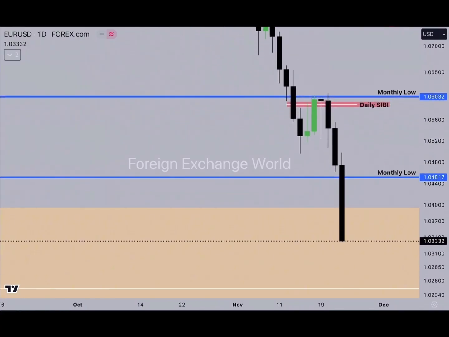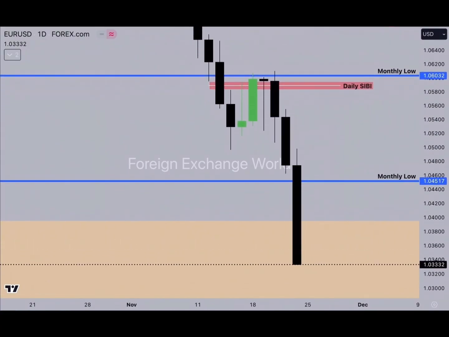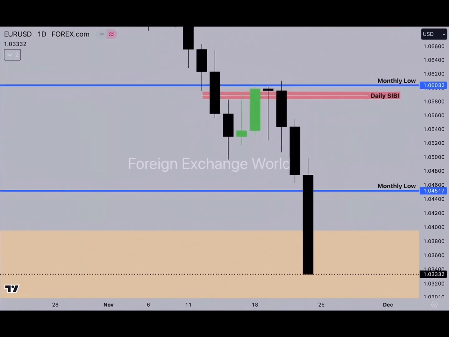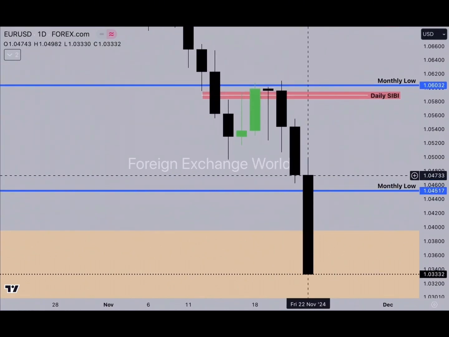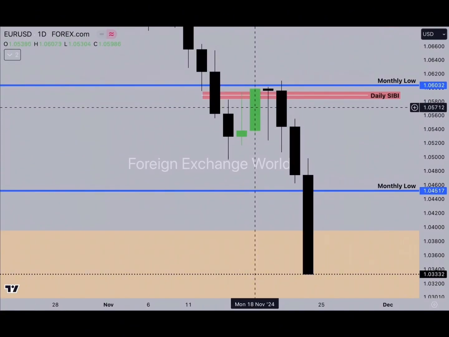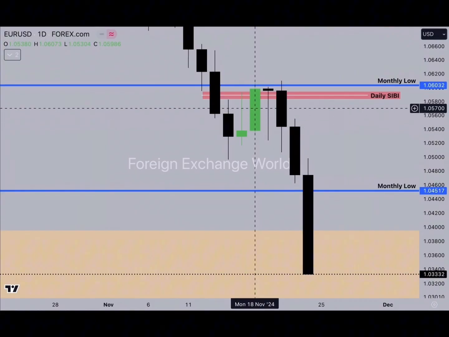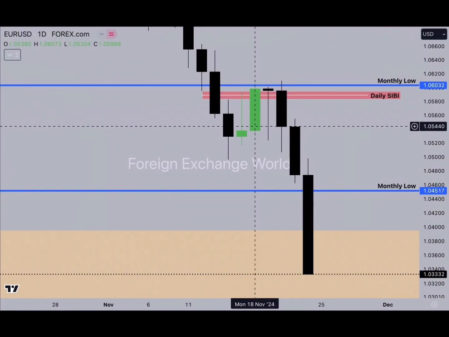Let me zoom in so that you get the point here. This candlestick that I'm hovering over is the 18th of November candlestick, which was Monday.